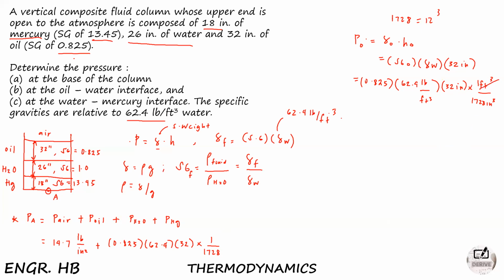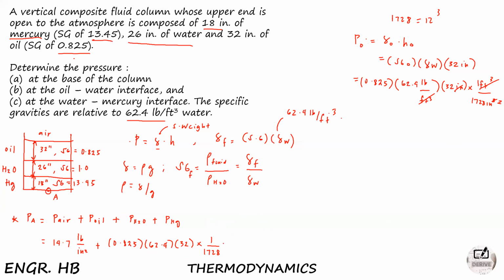Pwede nating i-cancel si cubic feet at si inches. Magkakatitira ng dalawa. So, the final unit is in pounds per square inch, which is equal also to 14.7 psi or 14.7 pounds per square inch, equivalent also to 1 atmospheric pressure. Ibig sabihin, naka-pounds per square inch na ito. Burahin na lang natin ito.